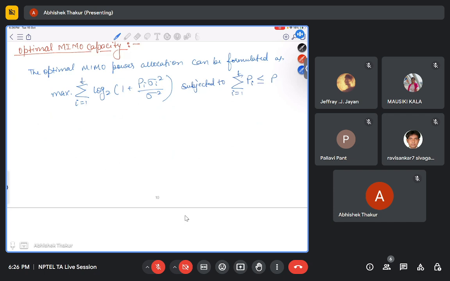So now we will solve the constrained optimization problem by using Lagrange multipliers.